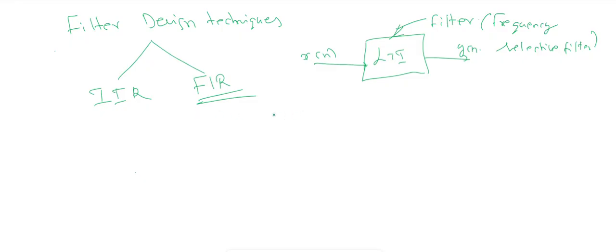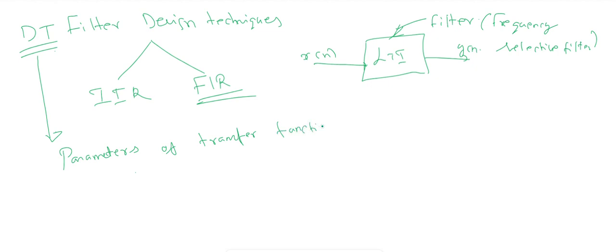So the design of DT filters, particularly digital filters, corresponds to determining the parameters of the transfer function which will approximate the desired impulse response or frequency response within the specified tolerances.